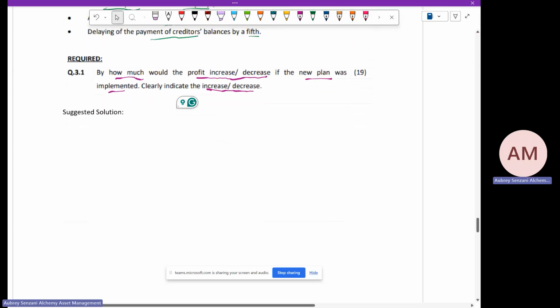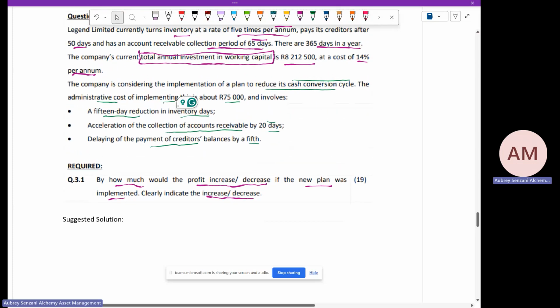So, in a nutshell, what are we comparing here? Remember, they said, how much would the profit increase or decrease if the new plan was implemented? Clearly indicate the increase or decrease. What is this plan about? These are the questions you have to ask yourself in the test. Otherwise, you're calculating, then I just see a line through, because you realize, even I don't know what I'm doing.